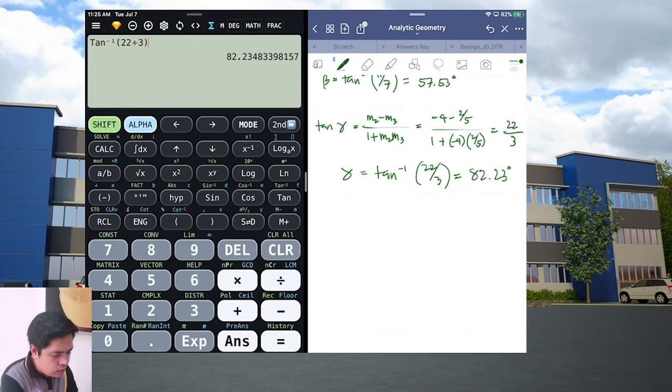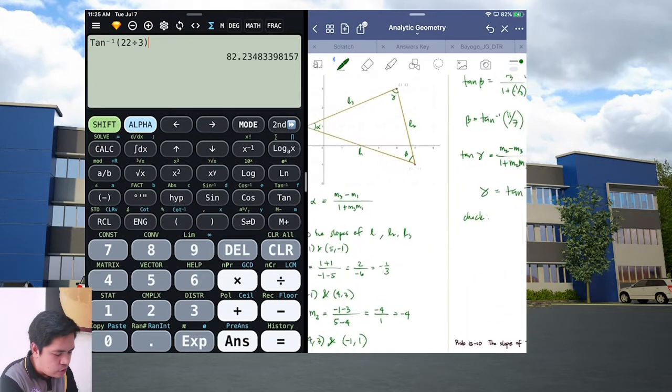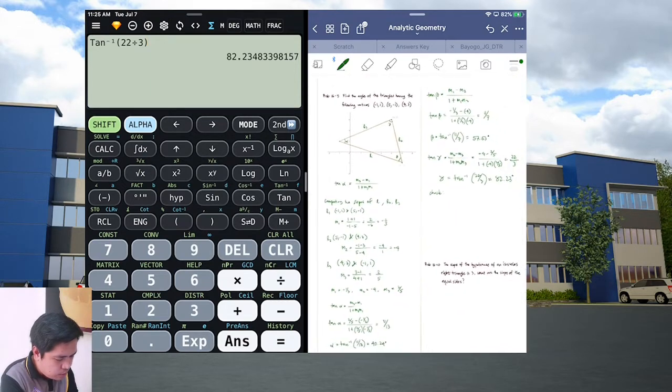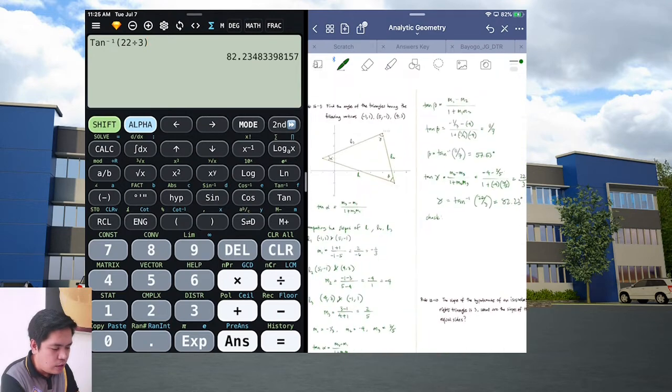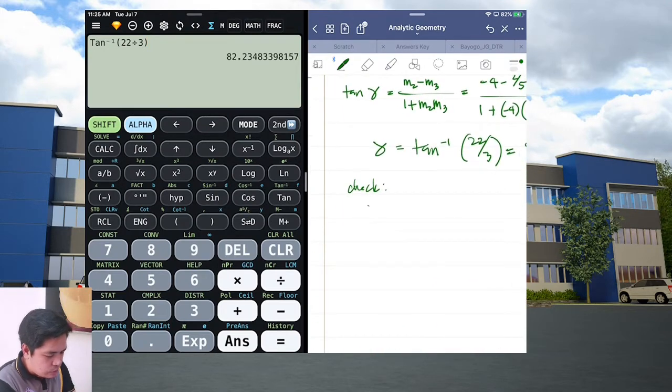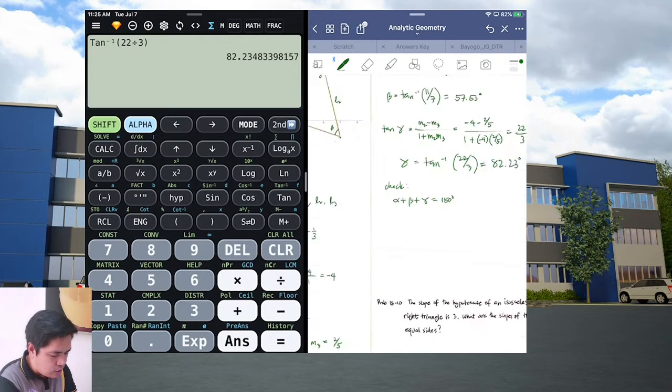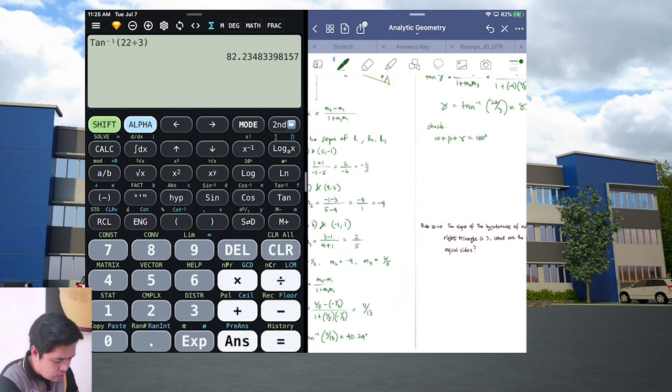And to check, the sum of these angles should be 180. So alpha plus beta plus gamma should be equal to 180 degrees. So let's try. Hopefully it will tally.